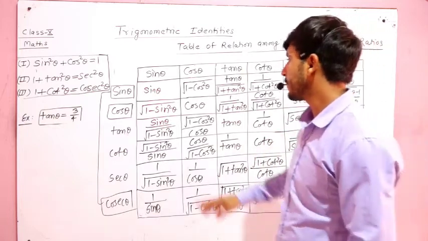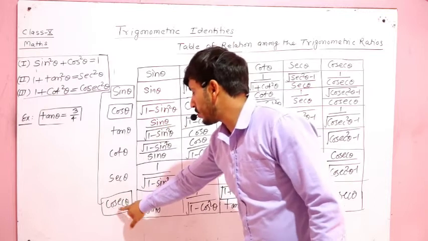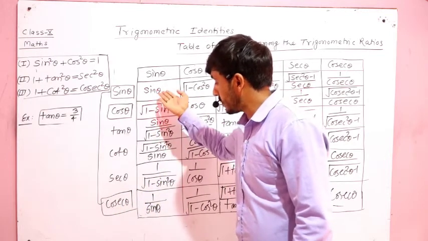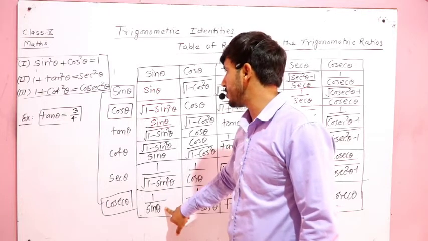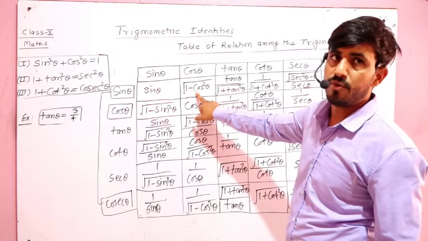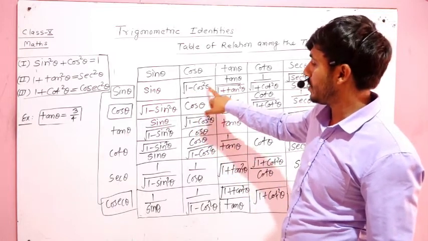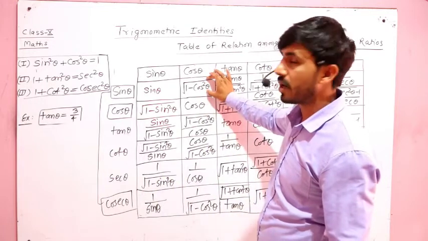See here, sin theta in terms of sin theta is sin theta, and cosec theta in terms of sin theta, we can take the opposite of it. That means we have 1 upon sin theta. Again, sin theta in terms of cos theta is given as root of 1 minus cos square theta, and you can obtain cosec theta in terms of cos theta by taking the opposite of this one.